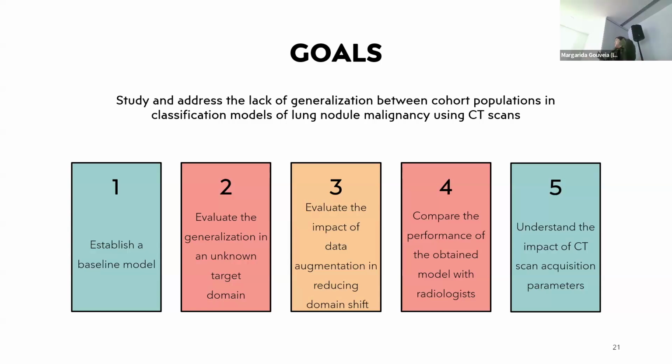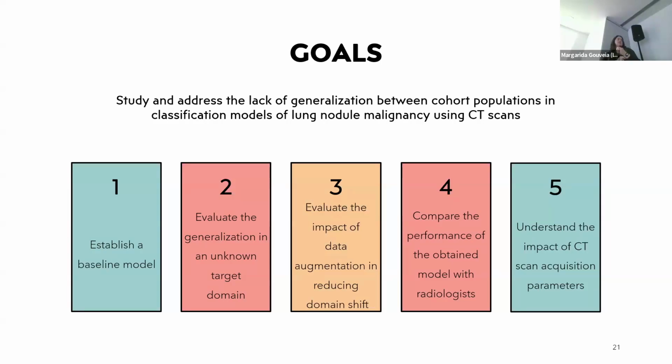But we also tried to compare the performance of our models with radiologists, and also try to understand if we can identify some characteristics of the images that we can associate to this domain shift problem. So this idea came from my research.